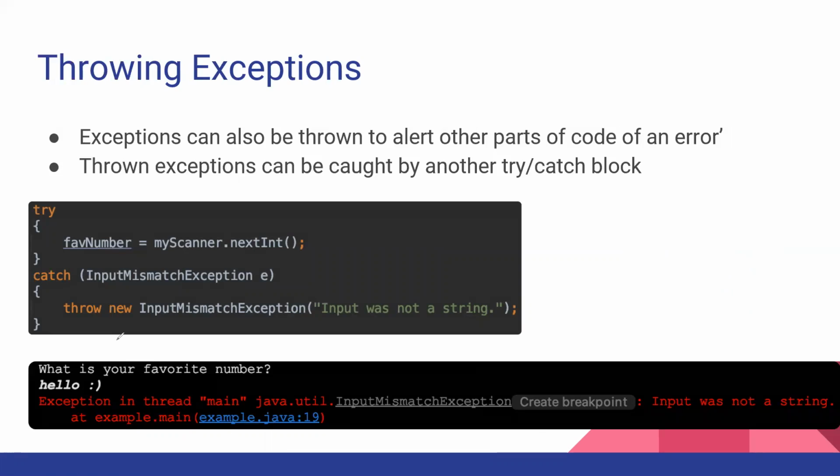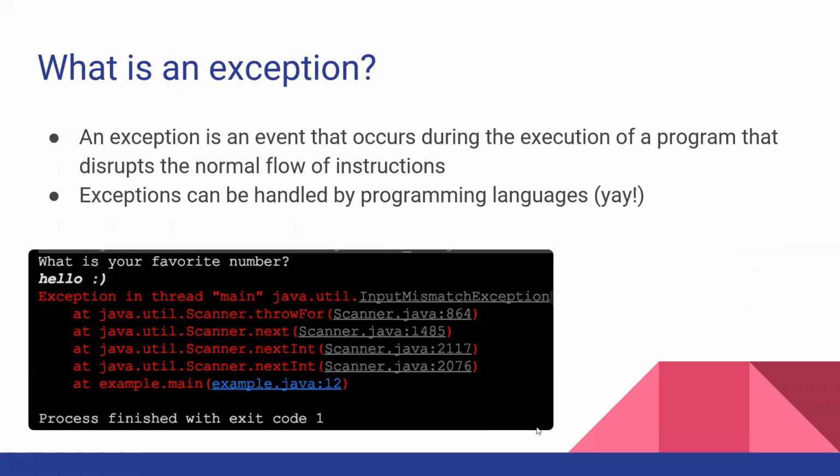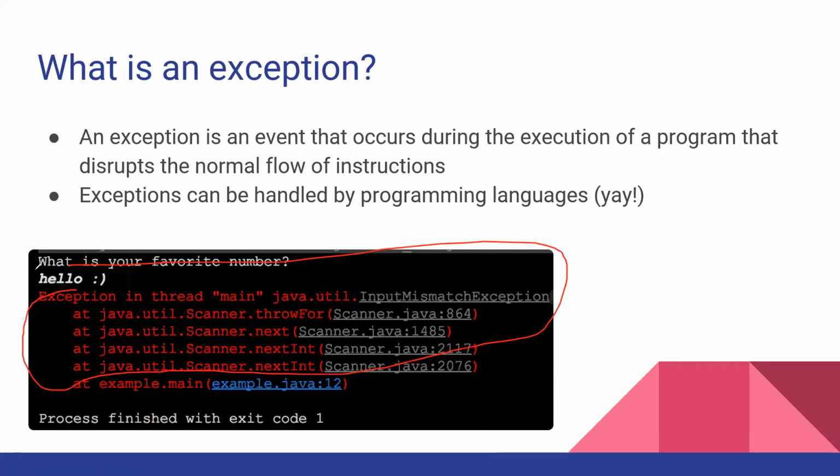Okay, now I'll talk about throwing an exception. Then I'll ask if you guys have questions, and that's fine if you do. So, throwing an exception creates an exception. Your program throws exceptions for you. This here is when your program threw an exception.